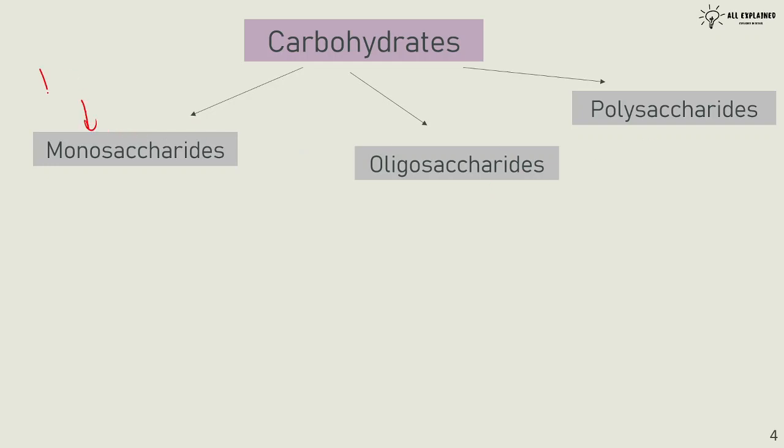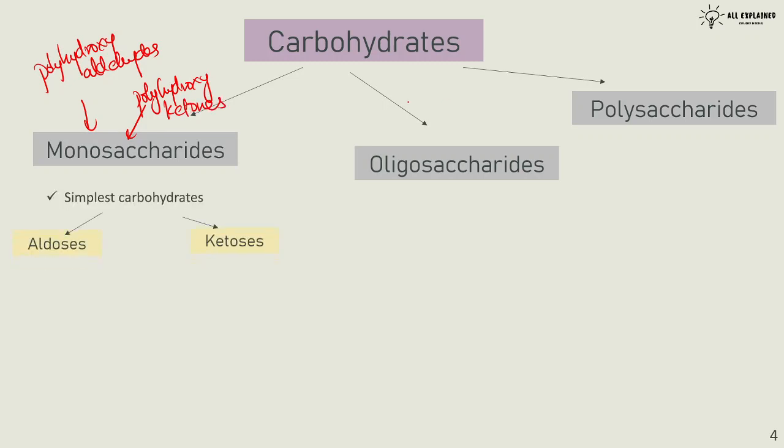These monosaccharides are the molecules which are called polyhydroxyaldehydes or polyhydroxyketones. We need to use a smaller word for them, so we can use aldoses and ketoses. Aldoses for polyhydroxyaldehydes and ketoses for polyhydroxyketones.